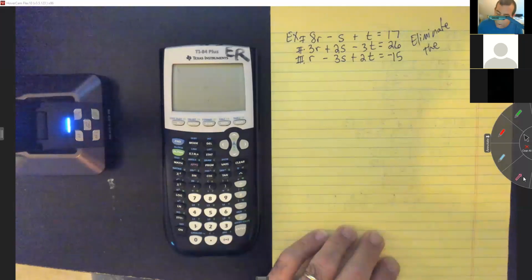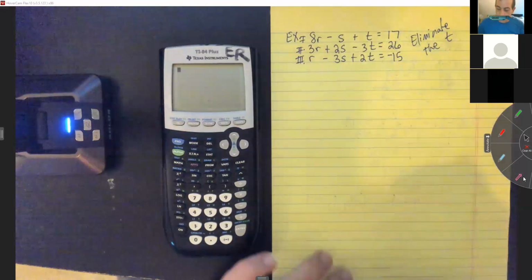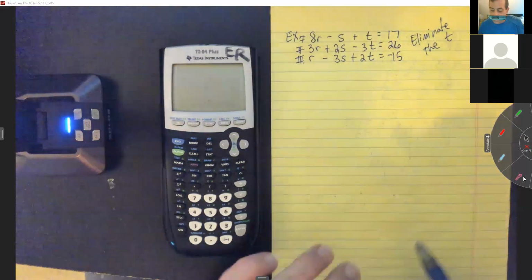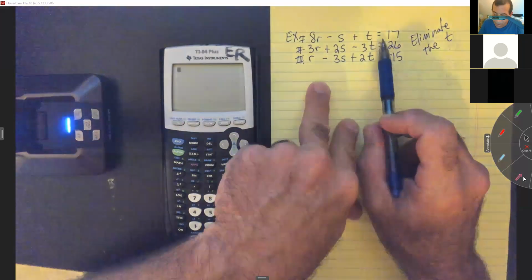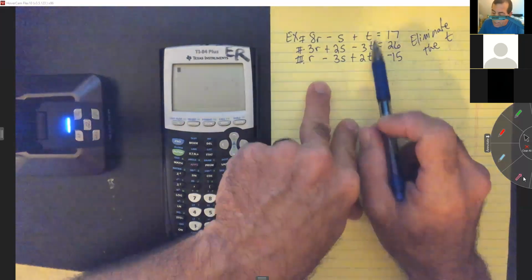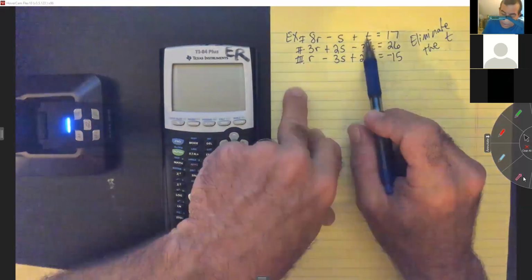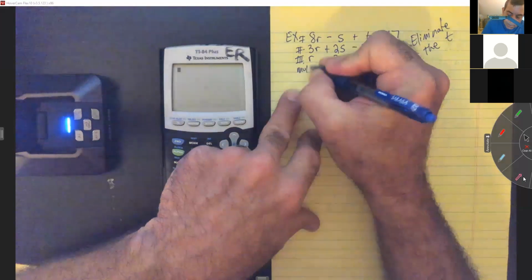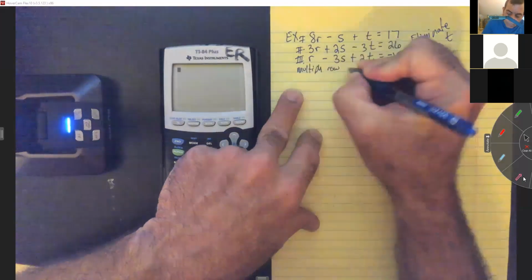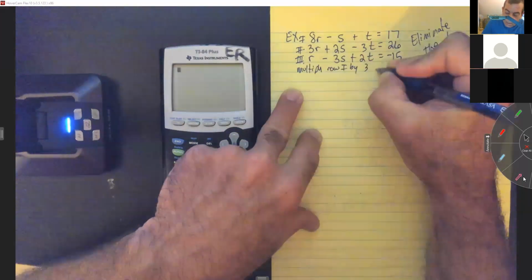So I'm going to go with the T's this time. So I'm going to eliminate the T's. Right off the bat, I got a positive T and a -3T. I'm going to multiply row 1 by 3 and get rid of the T's. So multiply row 1 by 3 and add to row 2.